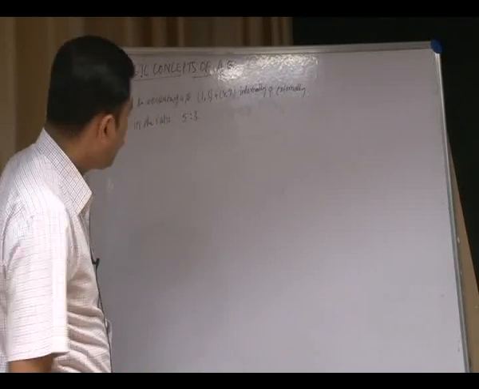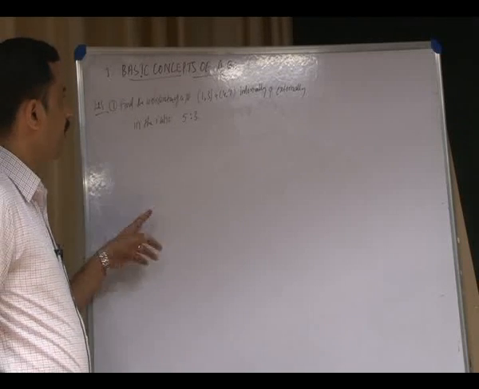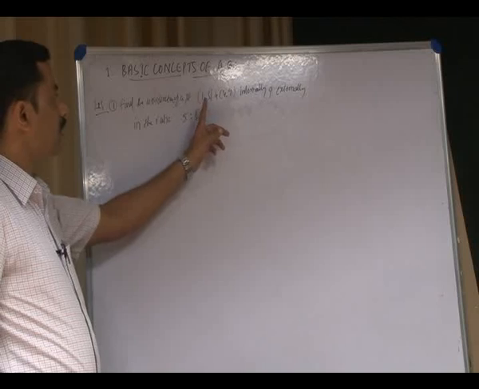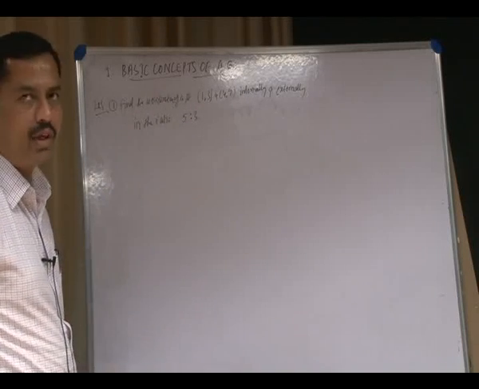So, here the problem is to find the coordinates of the point which divides the line joining 2 points (1, 3) and (4, 9) internally and externally in the ratio 5:3.